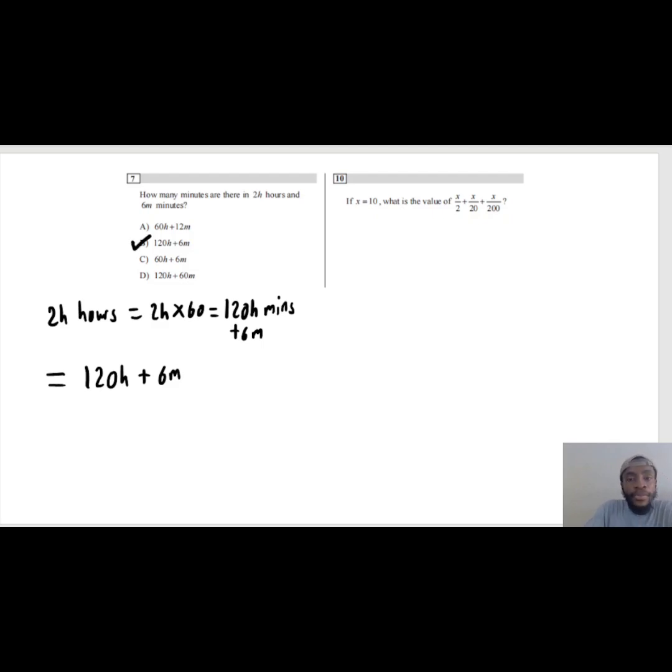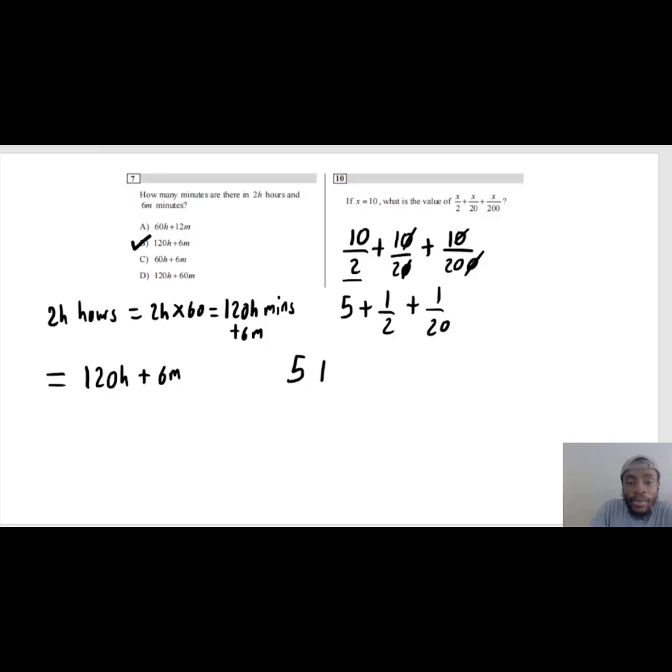That's all. Number 10, what is the value of this now? So when x is 10, this will give us x over 2 is 10 over 2 plus 10 over 20 plus what now? 10 over 200. That's it. So how do we solve this now? So 10 over 2, first of all, will give us 5, plus this cancel this, that's 1 over 2, plus this cancel this, that's 1 over 20.